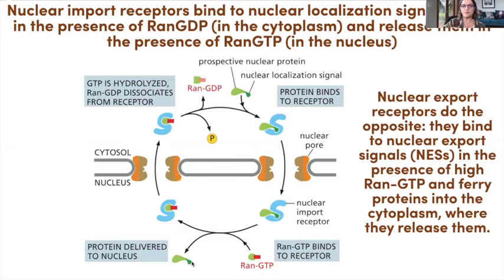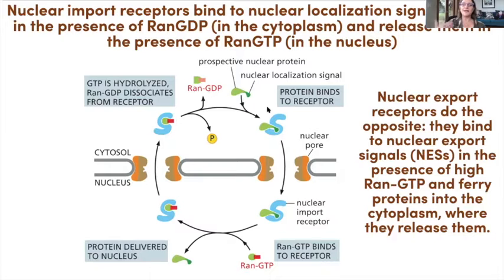And then it will carry the RAN GTP out and do it again. So the presence of high RAN GDP in the cytoplasm and high RAN GTP in the nucleus give directionality to this binding and release mechanism.